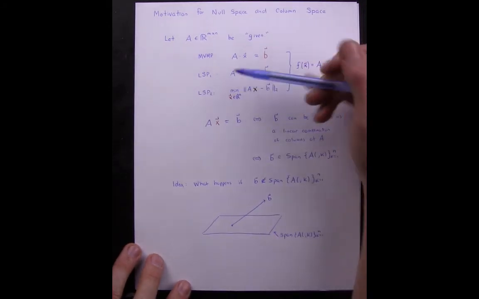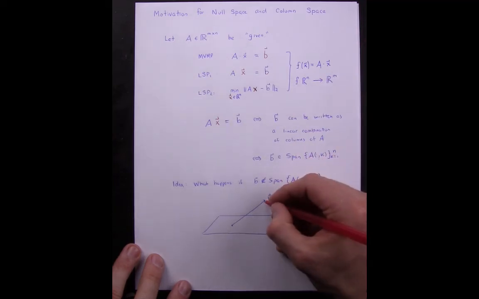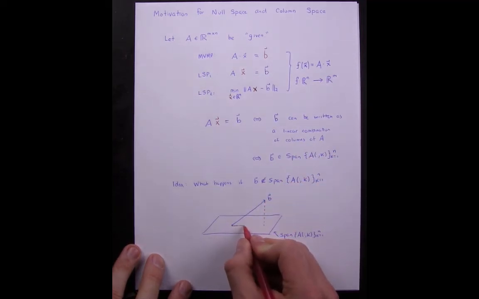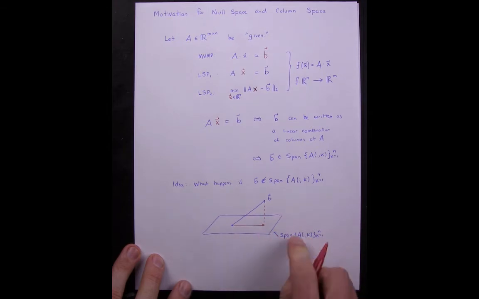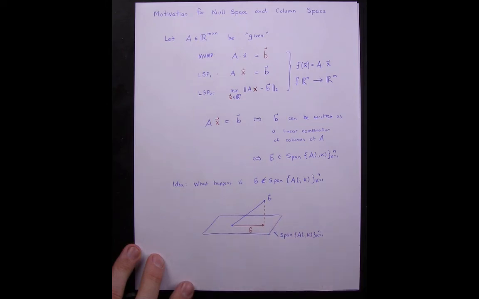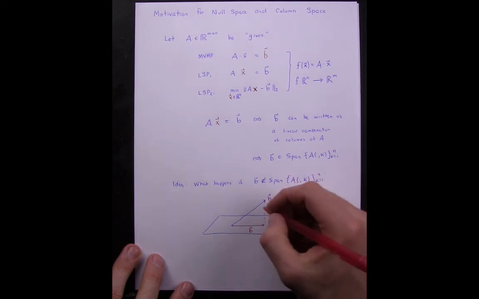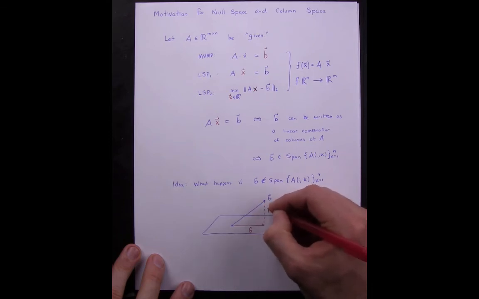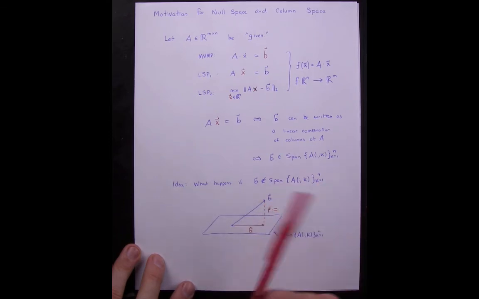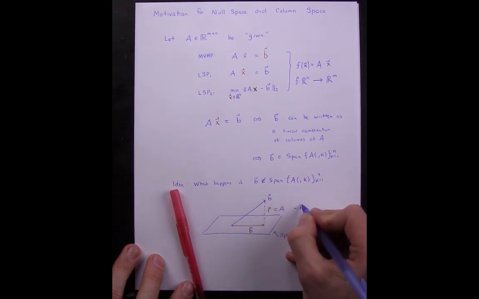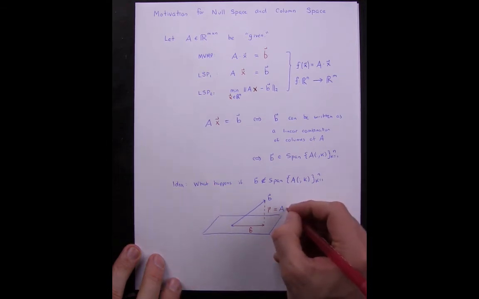Well, the idea of minimizing, what we're going to do is we're going to project B down onto this space. And we'll call that projection B hat. And we'll call the difference between the actual vector B and its projection R, which is just what's known as the residual.